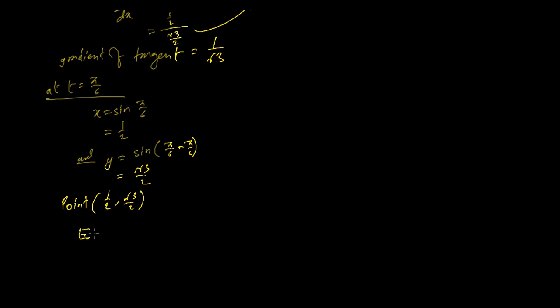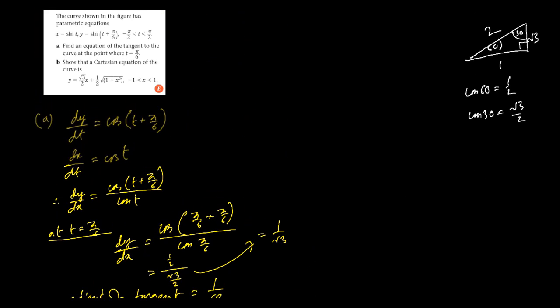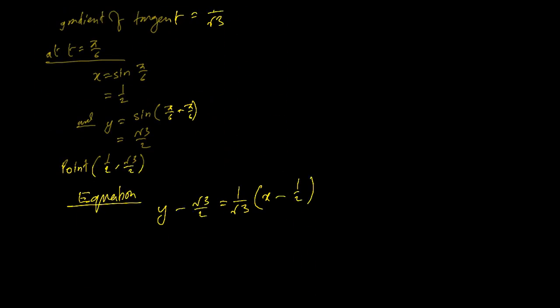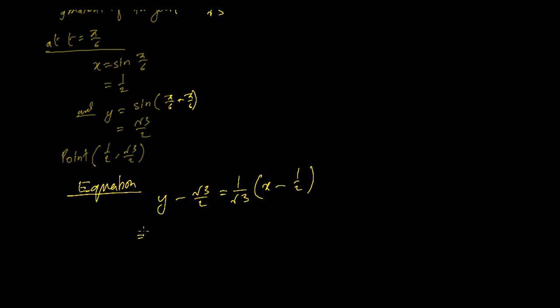So now the equation of the tangent. So y minus y1, which is square root of 3 by 2, equals the gradient 1 by square root of 3, times x minus x1, which is half. The question was to find the equation of the tangent, and we don't have to answer in any particular format, so we can keep the answer in any way we want.